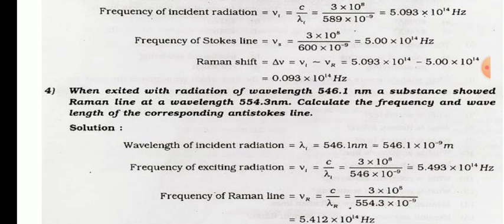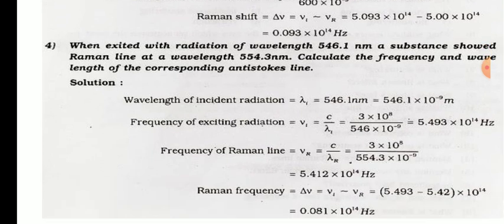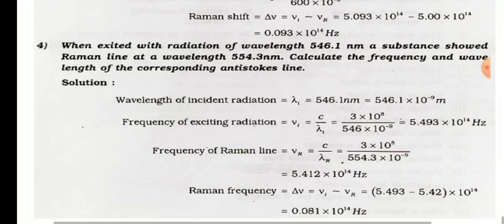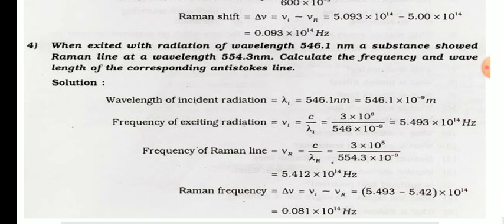And the fourth problem: when excited with radiation of wavelength 546.1 nanometer, a substance showed a Raman line at wavelength 554.3 nanometer. Calculate the frequency and wavelength of the corresponding anti-Stokes line. You have to go in the same manner.